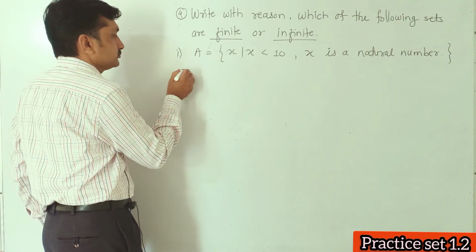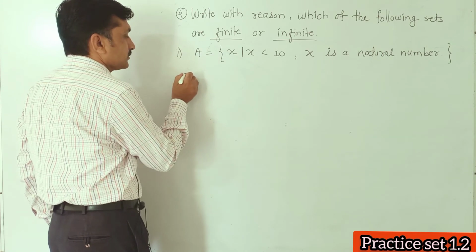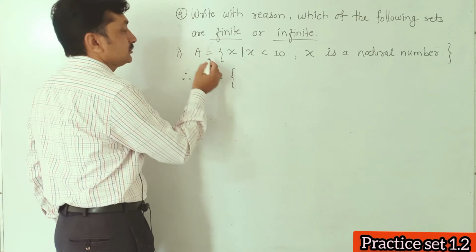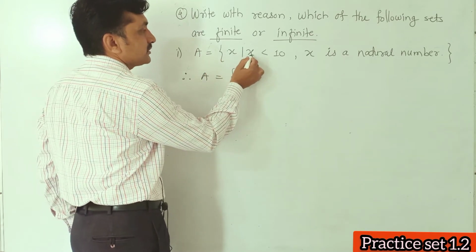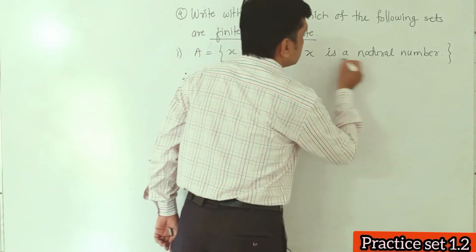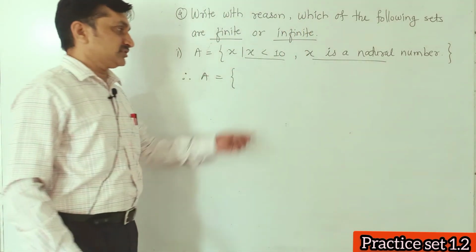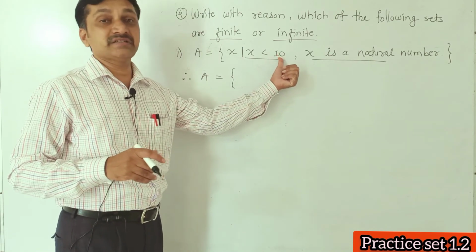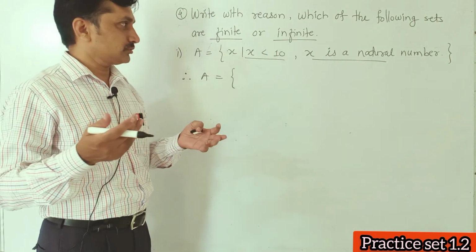Now here I write this set in listing method. A is the set of all x such that x is less than 10 and x is a natural number. It means we want elements as natural numbers but less than 10.